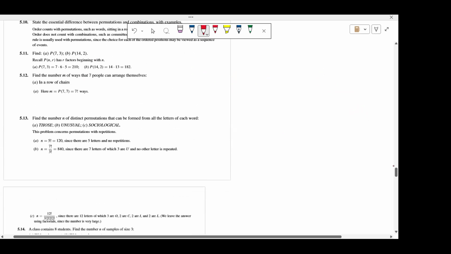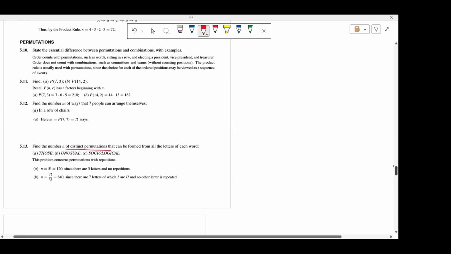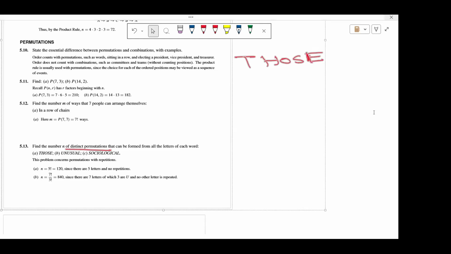Find the number of distinct permutations. In the question, they clearly mention permutations that can be formed with the letters of the words. Now they are asking how many distinct words we can generate by utilizing these letters.